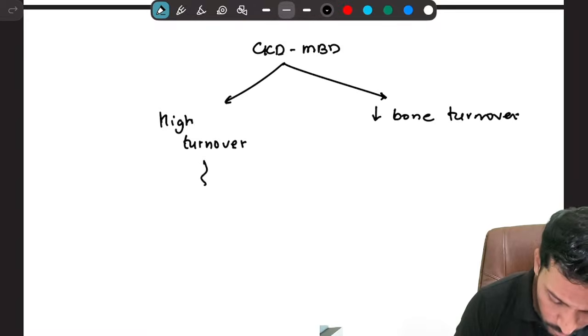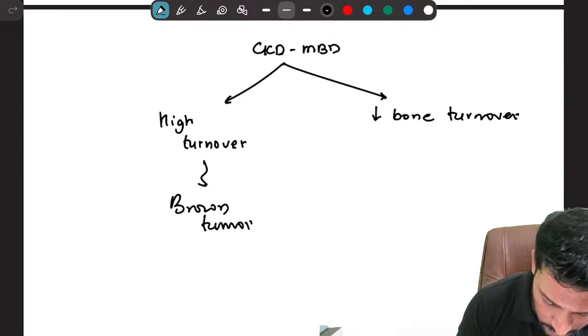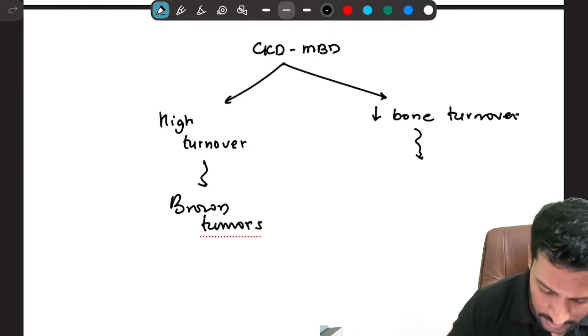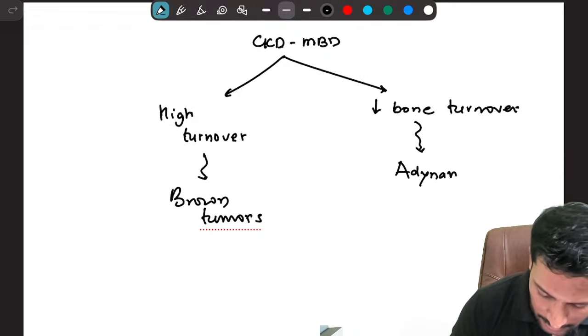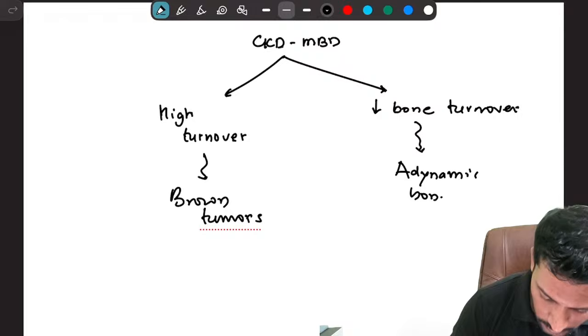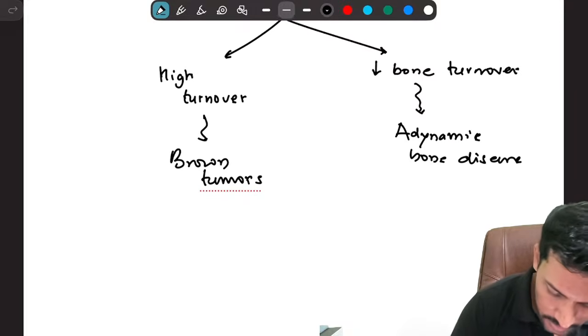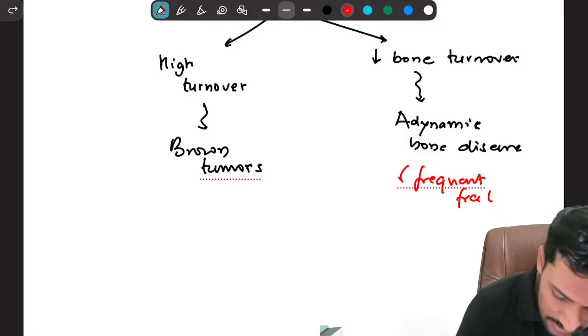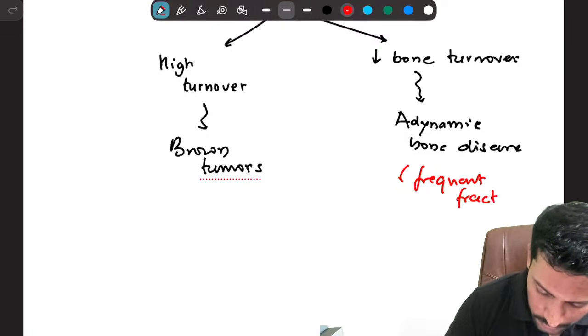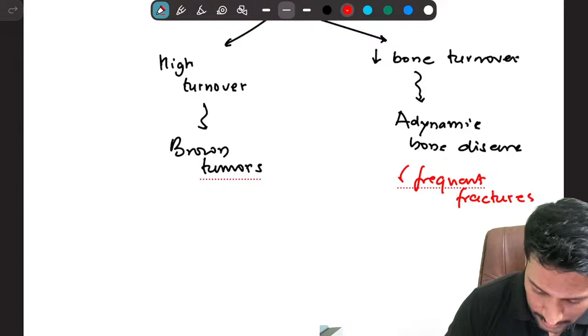When there is high bone turnover, you may end up with development of what we call brown tumors, areas with increased osteoclastic activity, or decreased bone turnover causes what is called adynamic bone disease. Adynamic bone disease patients generally develop frequent fractures which do not heal easily, because for healing you need to have the bone turnover happening.